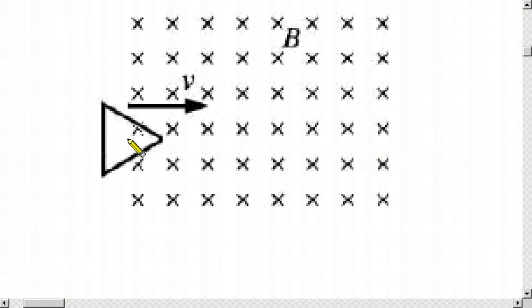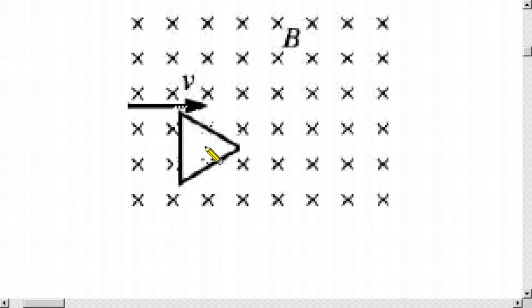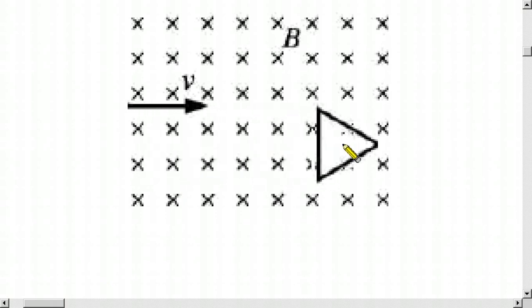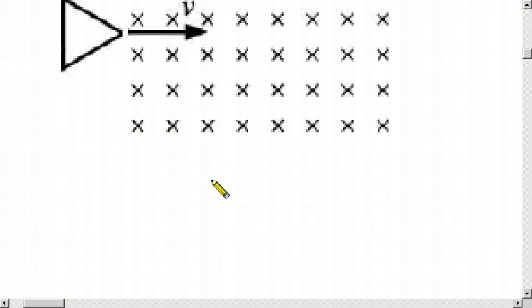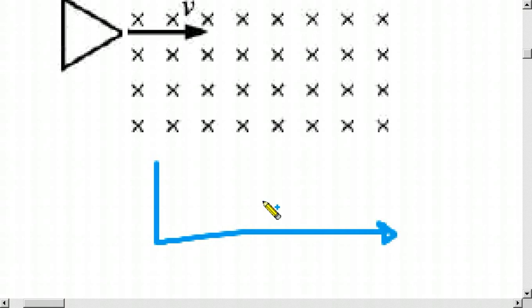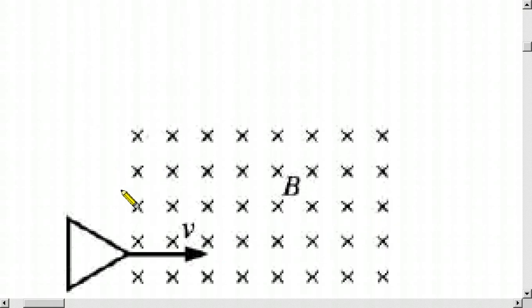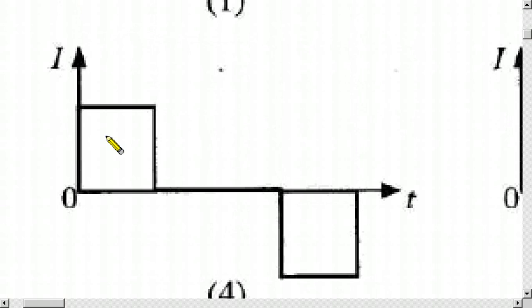This instant also you can't take. Totally inside means from here to here. So when the loop is in this region, the induced current is 0. I will explain later why. Just keep that in your mind.